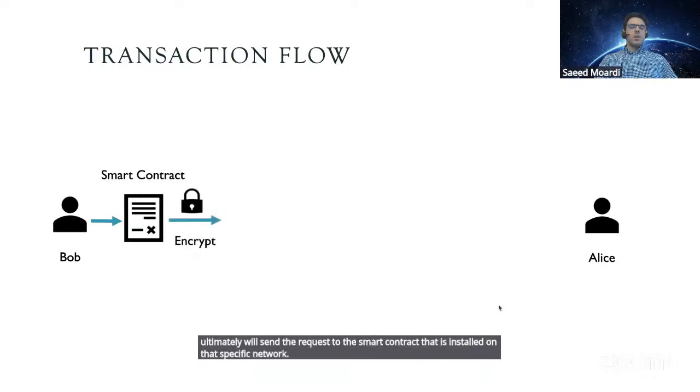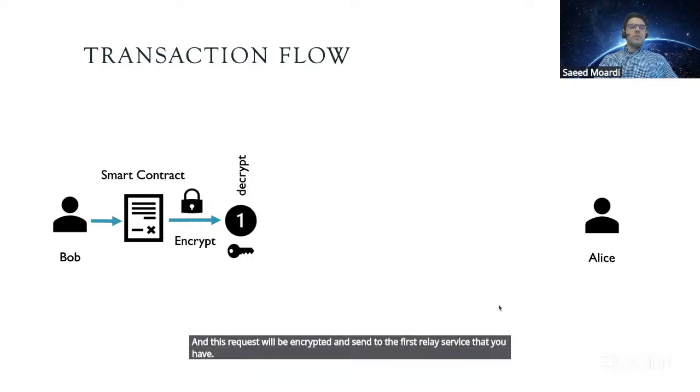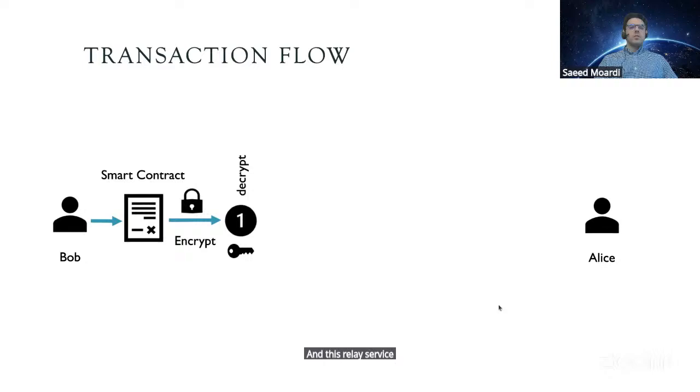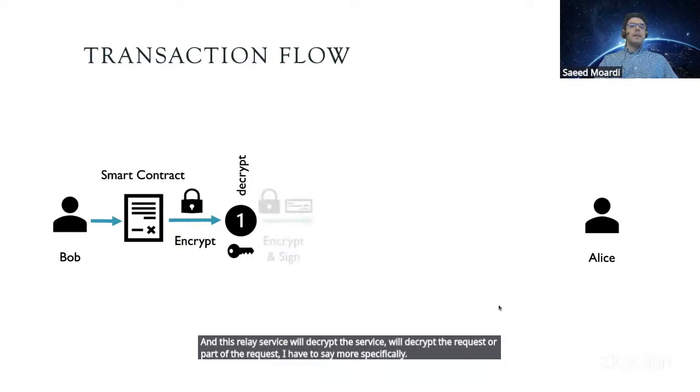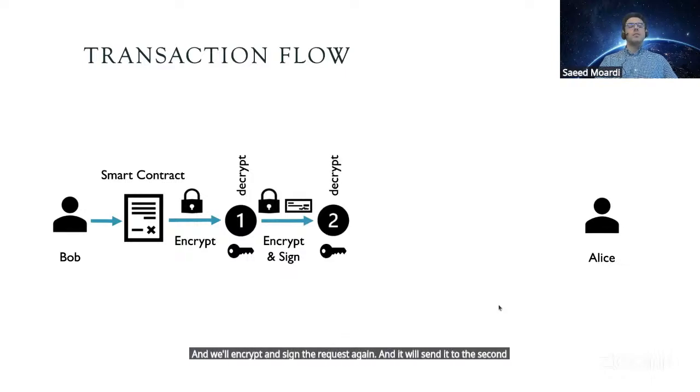This request will be encrypted and sent to the first relay service that you have. This relay service will decrypt the request, or part of the request, I have to say more specifically, and will encrypt and sign the request again, and send it to the second relay service.